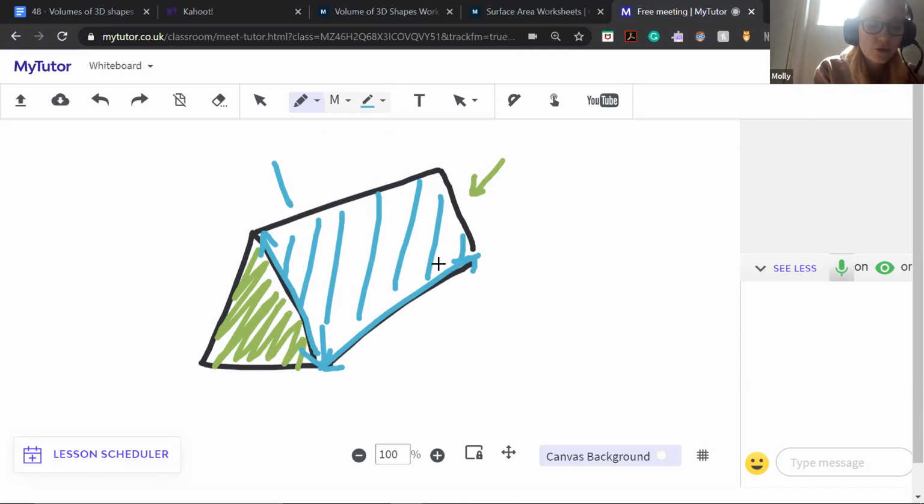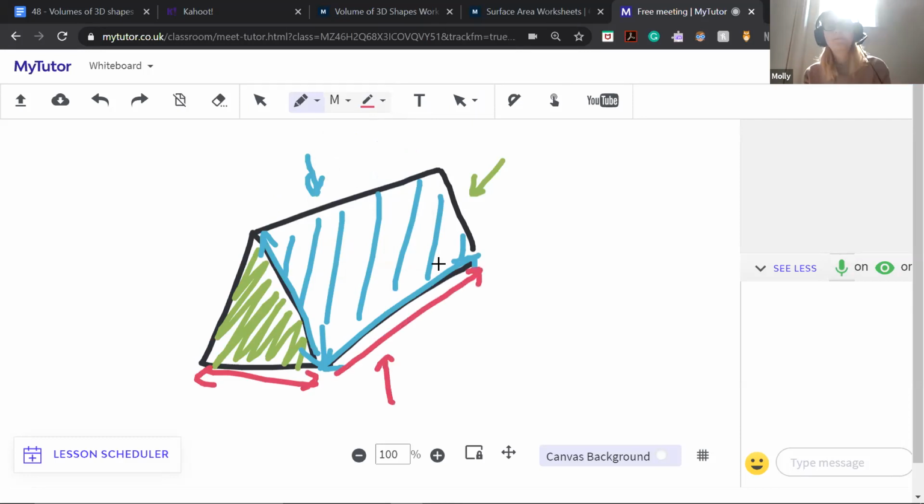Or it might not be identical, if this length isn't the same as this length. But for argument's sake, we'll say there's an identical one, and then on the bottom you take this length and this length to find the base. Add them all up and it works.